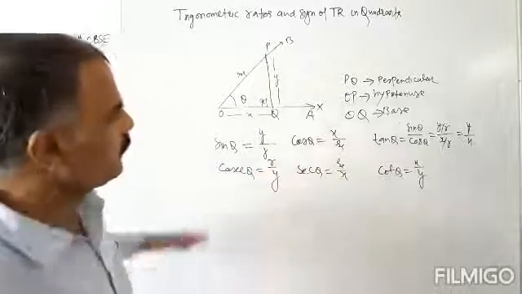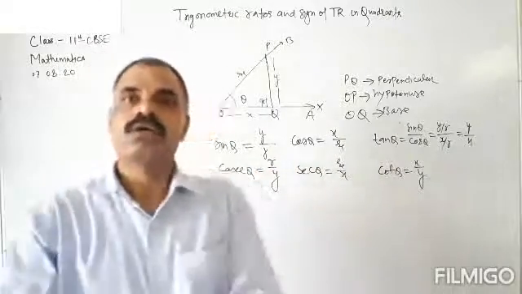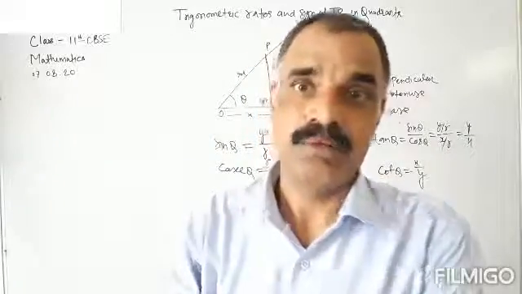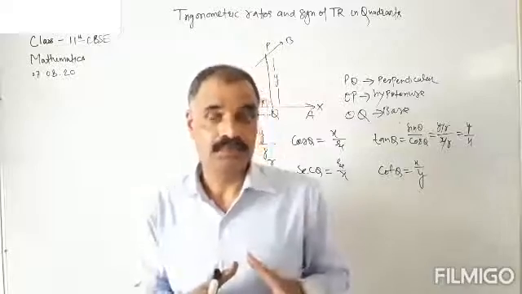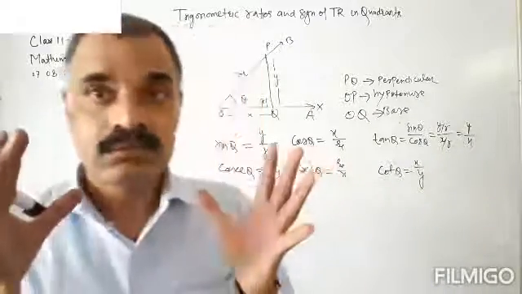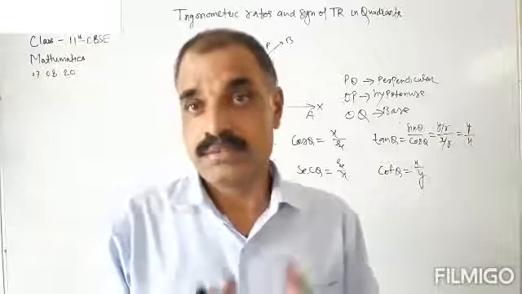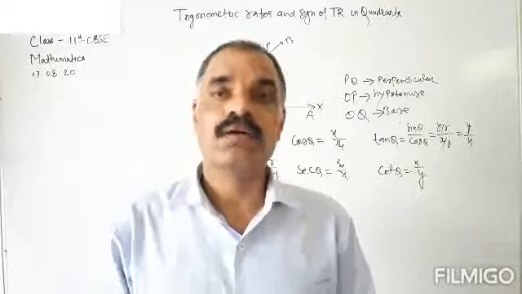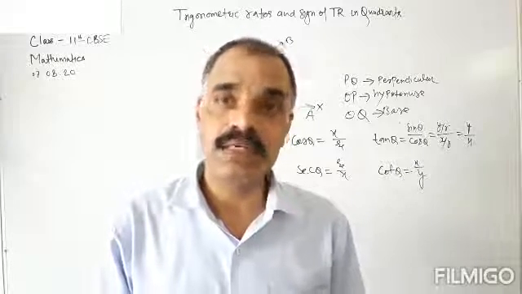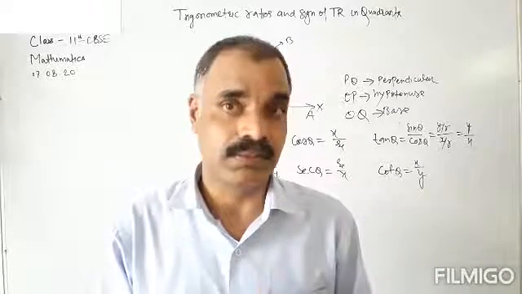So these are the trigonometric ratios of an angle theta in terms of the sides, that is perpendicular, base and hypotenuse, of the reference triangle. This triangle is said to be the triangle of reference.